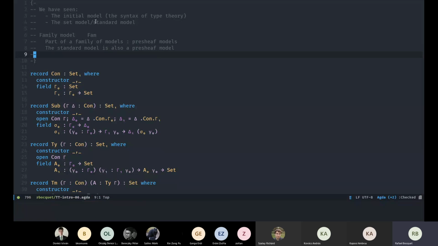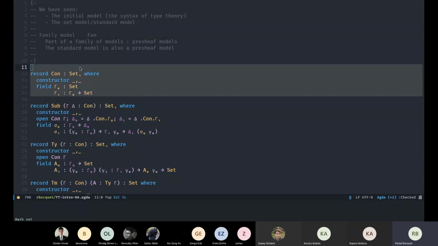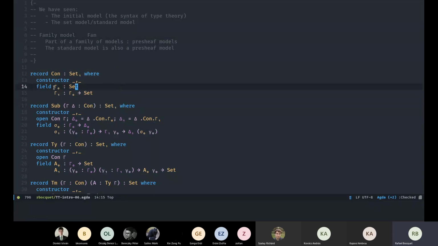All right, so in the standard model, contexts and types are interpreted as sets, but in the family model, contexts and types are interpreted as families. A family consists of a base set and a family of sets over it.